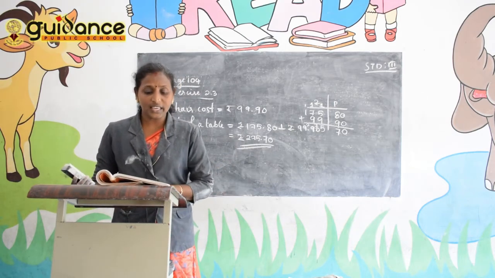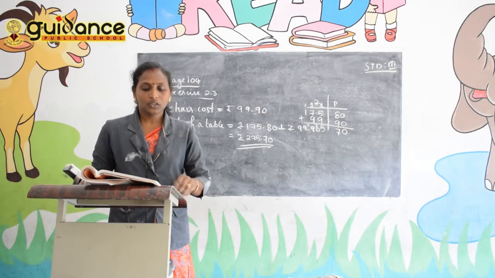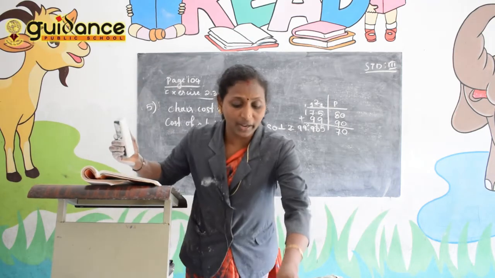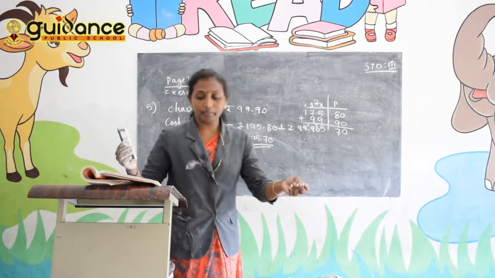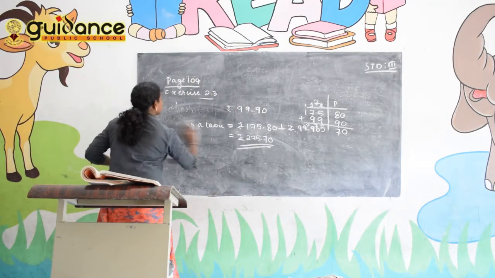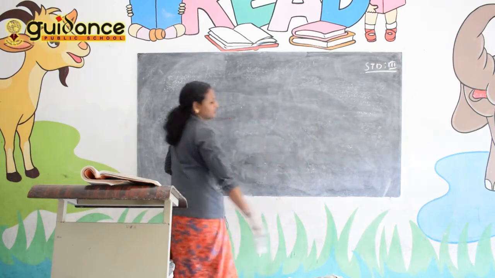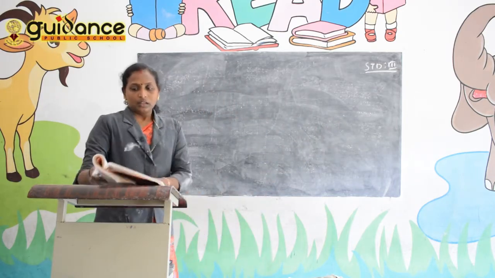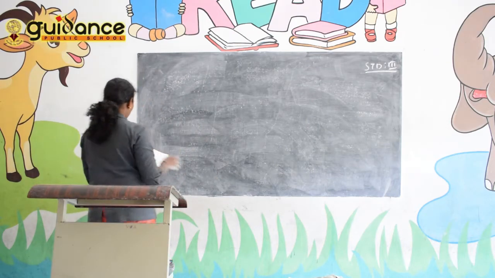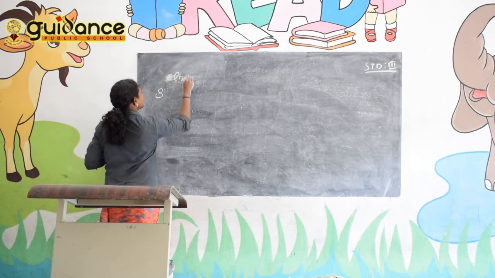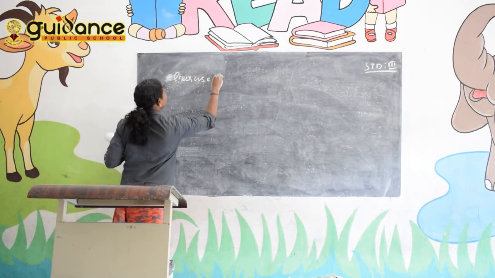Okay. So this is the cost of the table. The next one, the subtraction of money. Next section, subtraction of money. If you look at the first question, exercise 2.4.